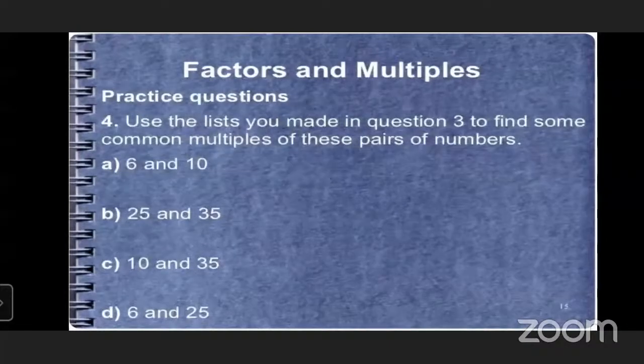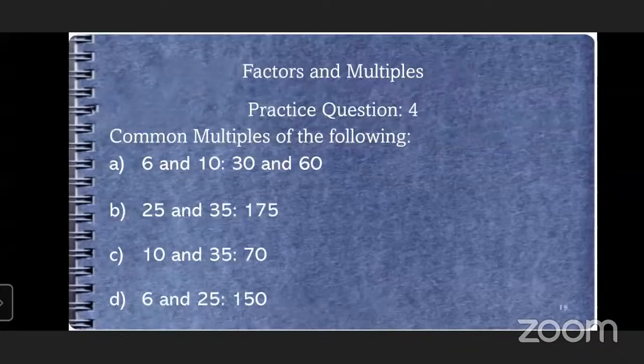What we have to write is common multiples of 6 and 10. Then common multiples of 25 and 35. Now again common multiples of 6 and 25. Let's check which are they.